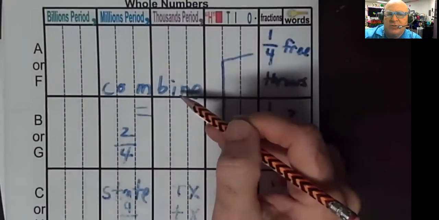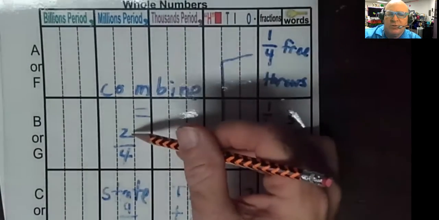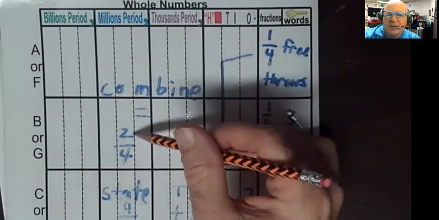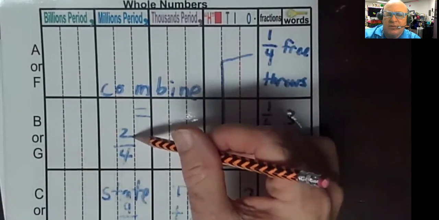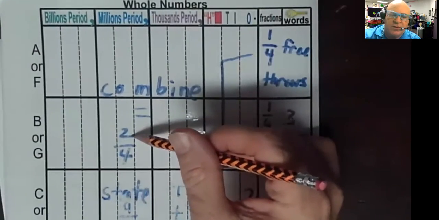So for example, if I have one person living in the 4th house and another person living in the 4th house, and I combine those two numbers, 1/4 plus 1/4 equals 2 people living in the 4th house, which would change this fraction to 2/4 of an hour. And since we said that every 1/4 of an hour is 15 minutes, that would be 30 minutes, which would be also known as half an hour. Okay, so we've already combined them.